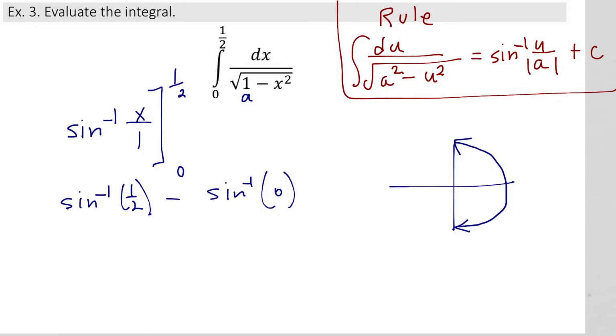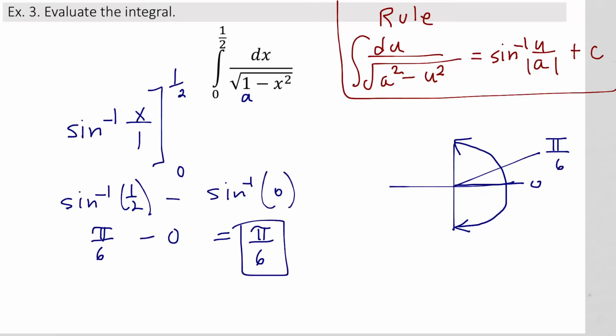So here we know that pi over 6 has a sine of 1/2 and 0 has a sine of 0. So this one is pi over 6. This one is 0. So pi over 6 minus 0 is just pi over 6. So that's what we're looking for. This one wasn't too bad at all.